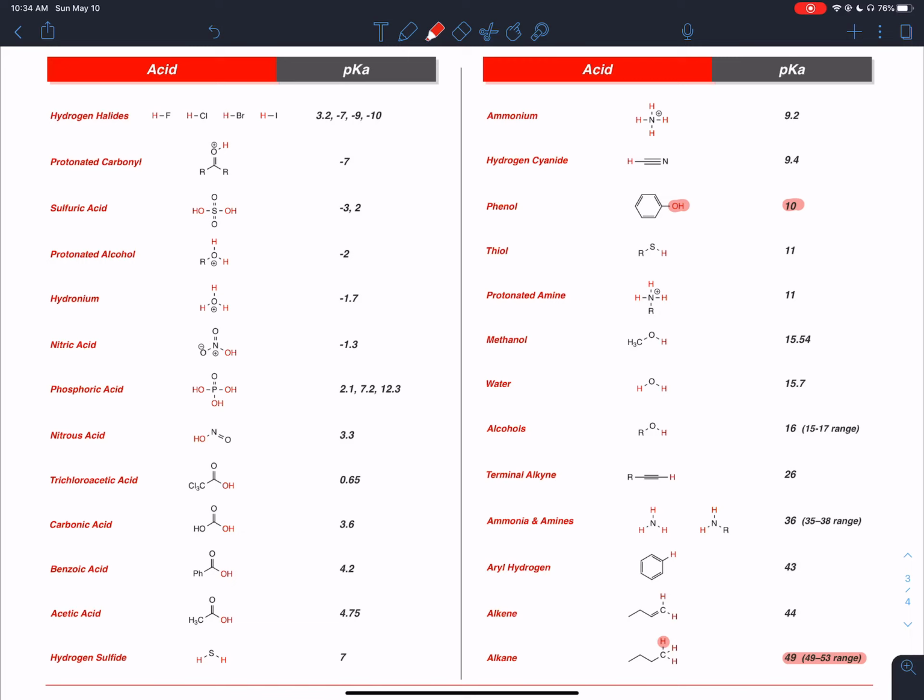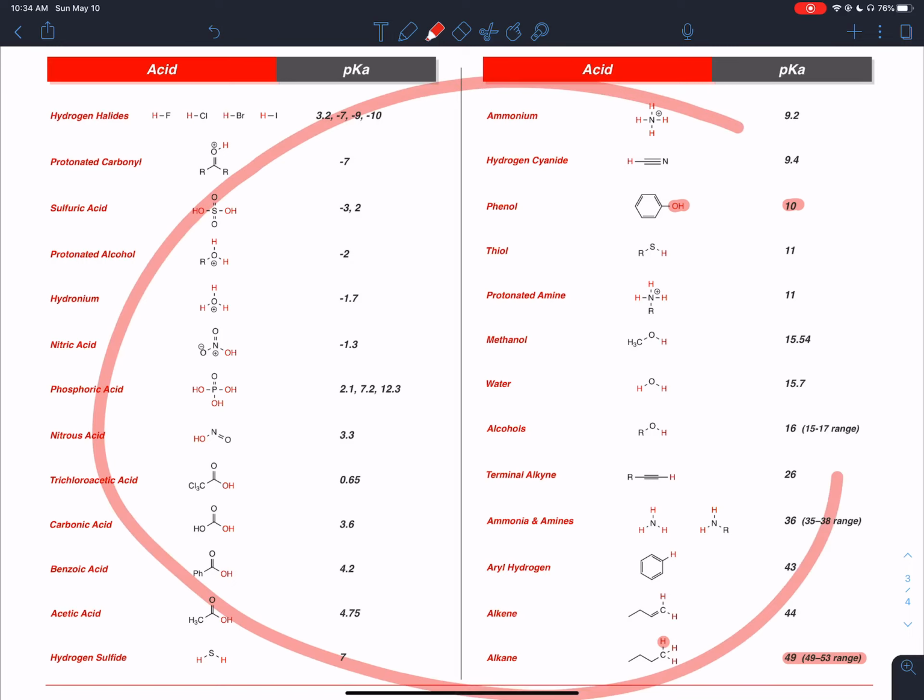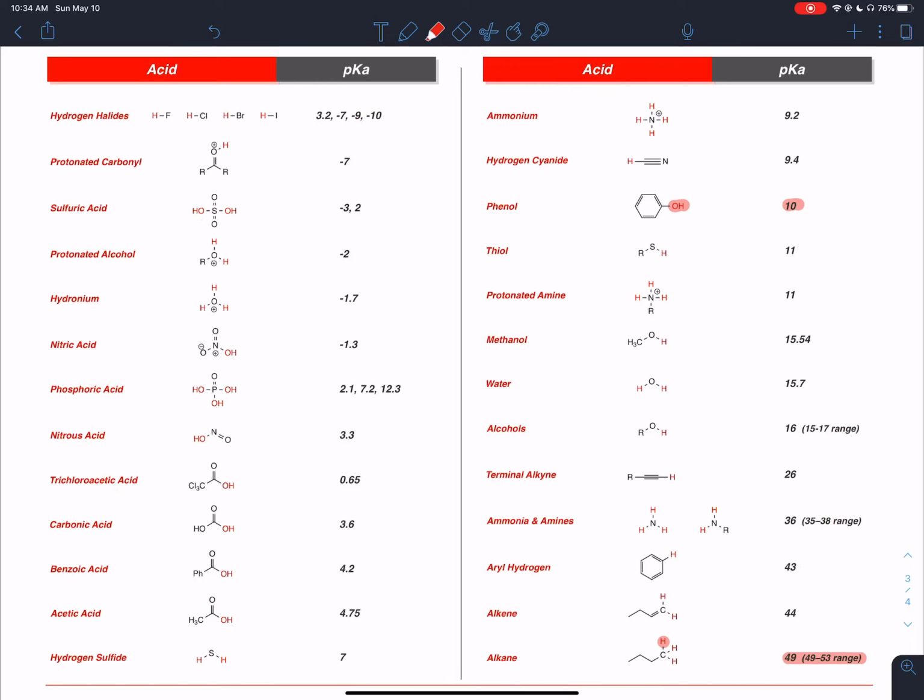Now, the thing about pKa's is they will differ depending upon the resource that you look at. So if your professor is having you memorize specific pKa values, which they may very well do, know the values that your professor gives you, okay? These are kind of happy medium values that tend to be true for the majority of professors in organic chemistry.